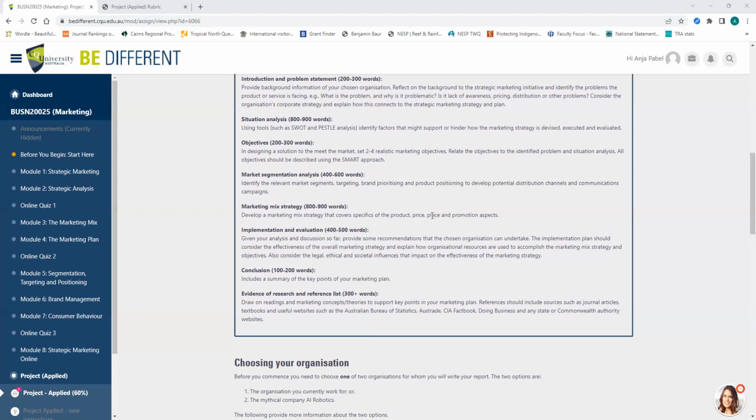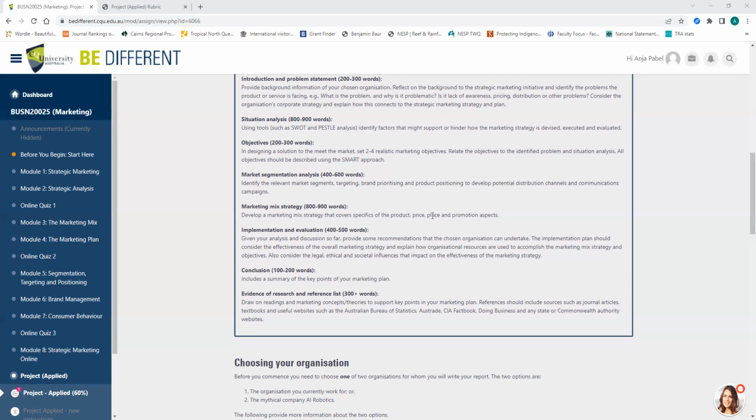And please ensure that you provide appropriate evidence of research and a reference list that follows the APA referencing conventions. So as part of the evidence of research, you may wish to draw on readings and marketing concepts and theories to support your main points in your marketing report, and that obviously includes the peer-reviewed journal articles, maybe textbooks on marketing literature, useful websites.